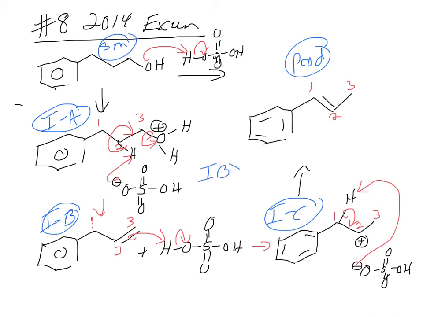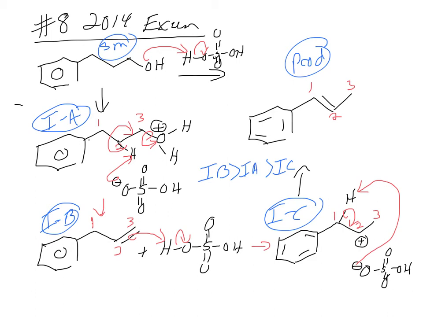What's the least stable? Why IC? Carbocation, no full octet. Boom. And then where must IA fall? Somewhere in between.